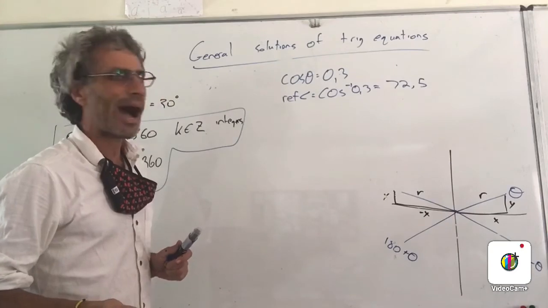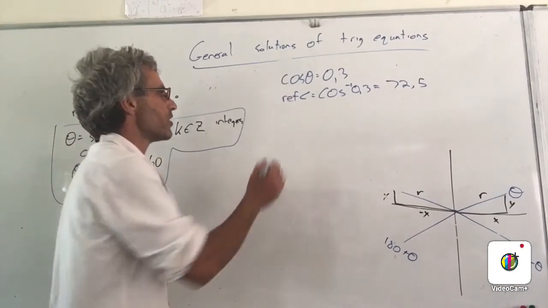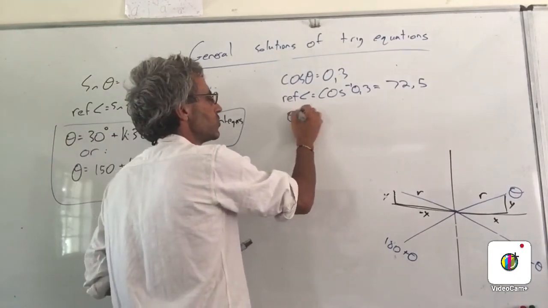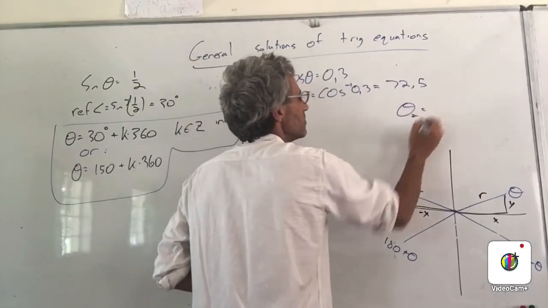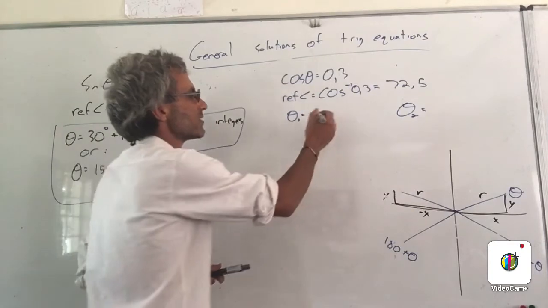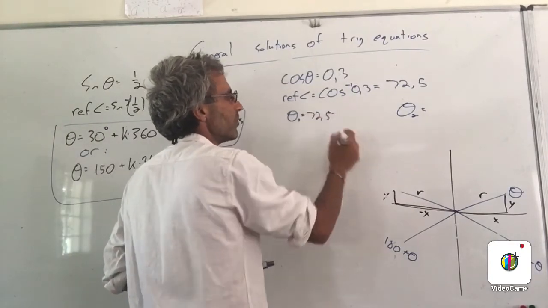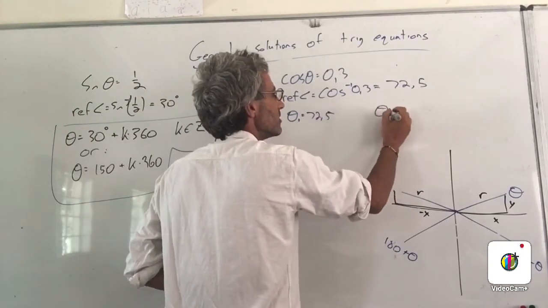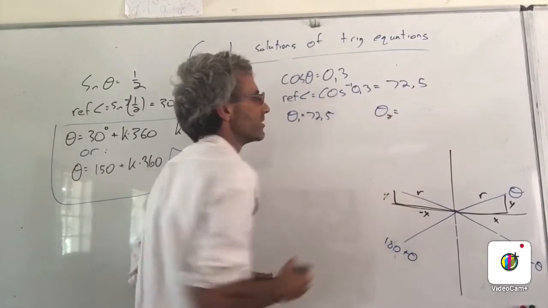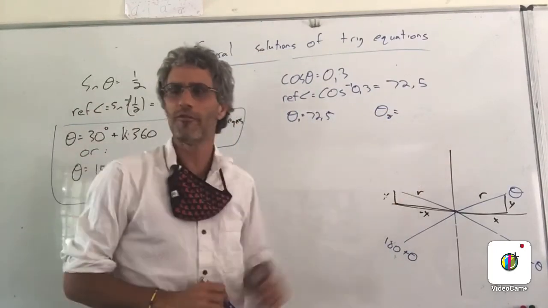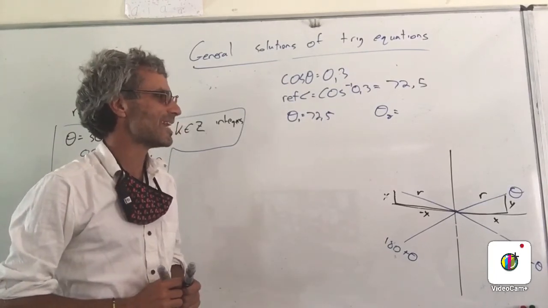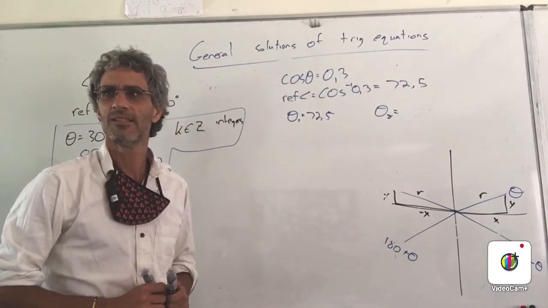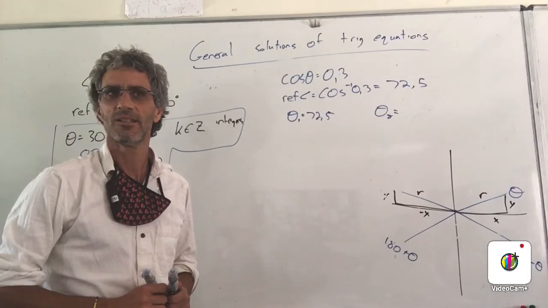Now I already know that there should be two different angles here. We call them theta 1 and theta 2. The first one is 72.5, but there should be another one that doesn't live in the first quadrant. Which quadrant will my next angle be in?